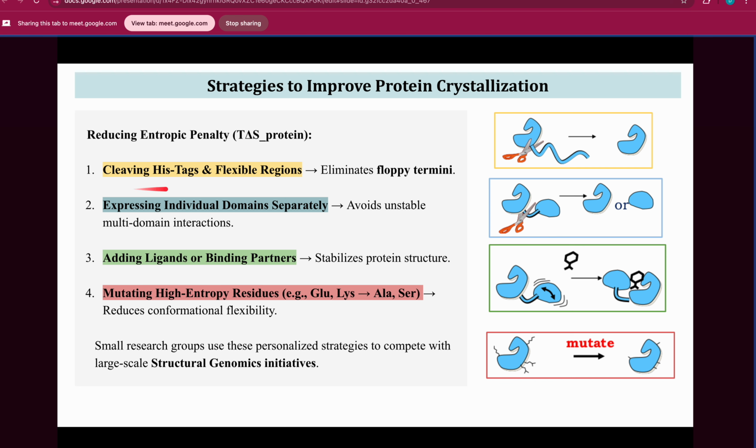The first thing we can do is cleave the histidine tags and flexible regions. As we have seen, during purification, when we were performing affinity chromatography, to obtain our protein of interest we attached histidine tags to it. Now, to reduce this entropy term, we cleave those tags and also eliminate the flexible regions.